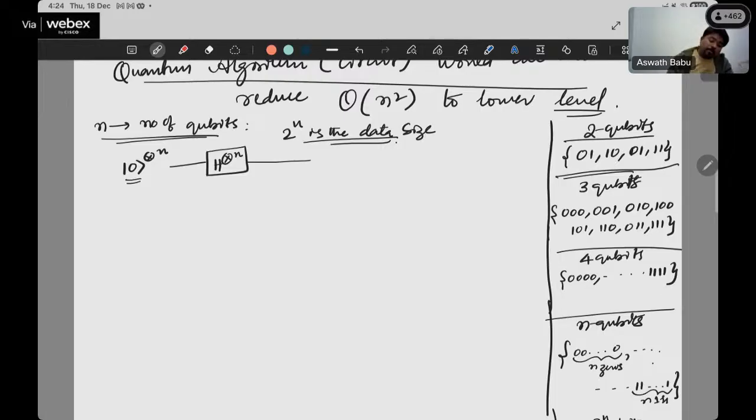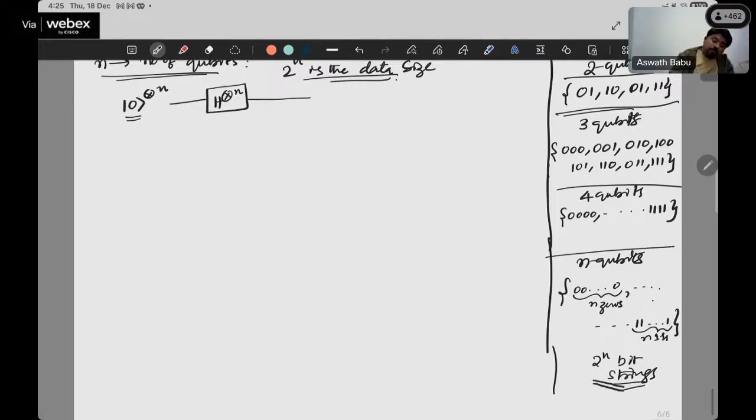I will create the equal superposition of 2 to the power of n bit strings with the Hadamard gates. And the next, we'll have a query, slightly different from what we had in the Deutsch-Jozsa and also Simon's algorithm. The query is n bit strings, all in 0.